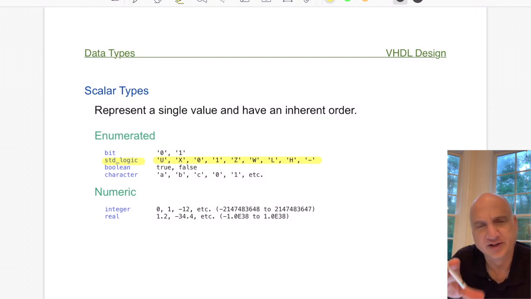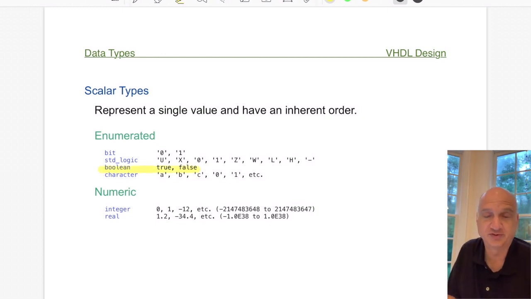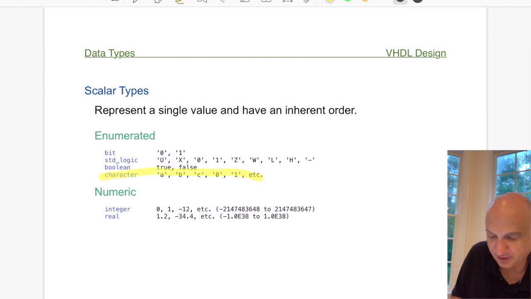So don't assume these have value, because they don't. They're symbolic and they represent states, okay? Boolean behaves just like you would expect, with the true-false capabilities. And then, of course, character can represent all the ASCII characters.